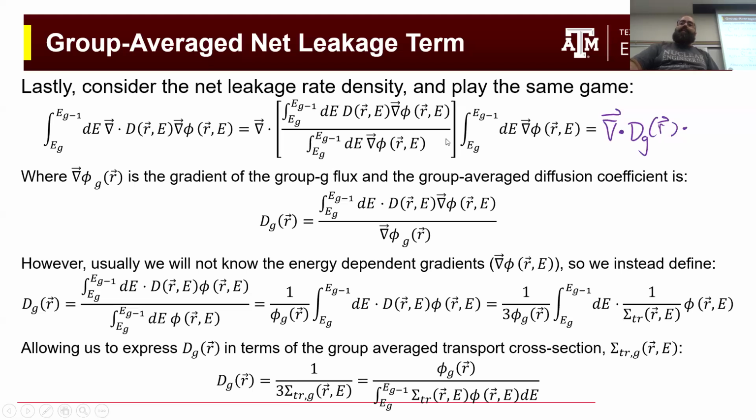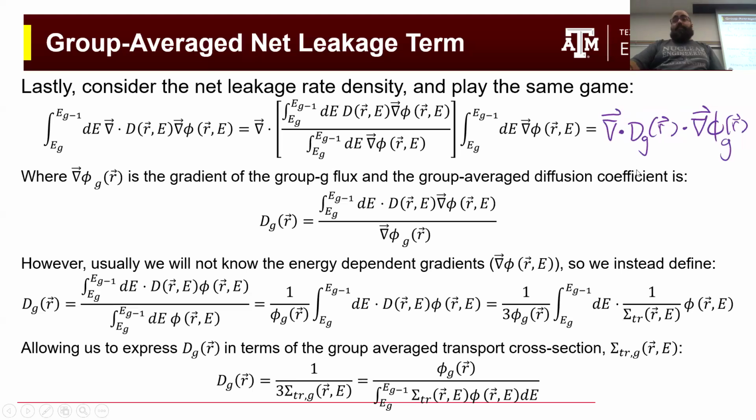So if I pull that gradient out, then I've basically just got my phi for group G, but because that gradient operator is there, that is effectively multiplying by the gradient of the flux of group G neutrons. So by definition, that's what the group average diffusion coefficient is.